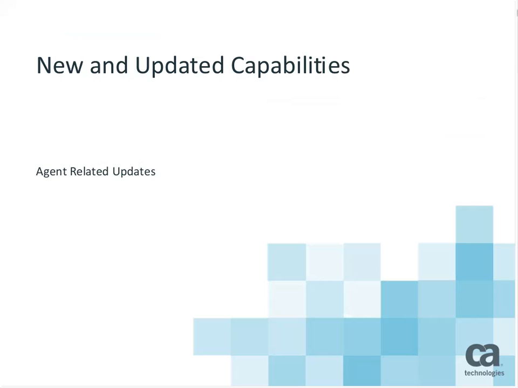We'll start with some of the new and updated capabilities that went into 4.2.2. Most of these capabilities and enhancement requests went into the service pack because we had already started work on our next release, and we had completed those stories as part of our earlier sprints.